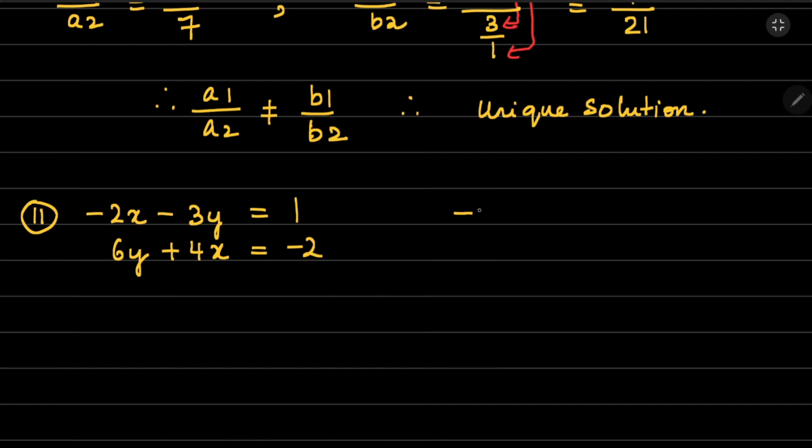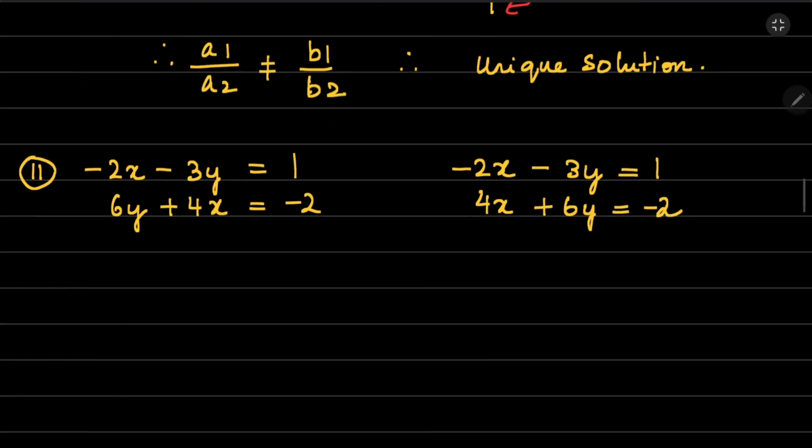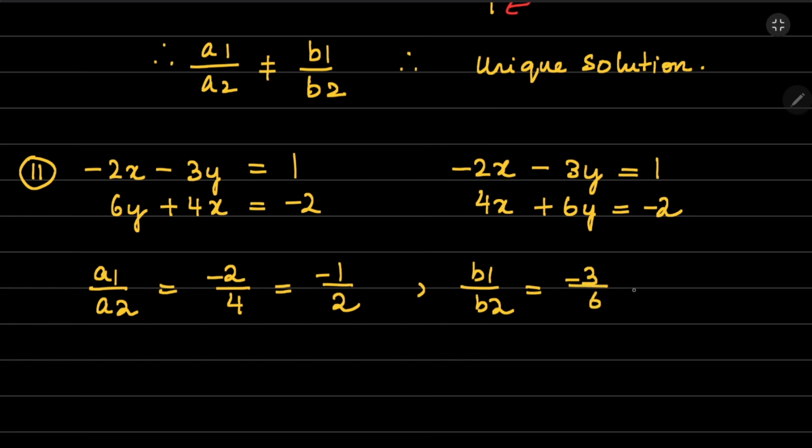Let's rearrange it and write: minus 2x minus 3y equal to 1 and 4x plus 6y equal to minus 2. What is a1 by a2? It is equal to minus 2 by 4, which is minus 1 by 2. What is b1 by b2? Minus 3 by 6, which is again minus 1 by 2.